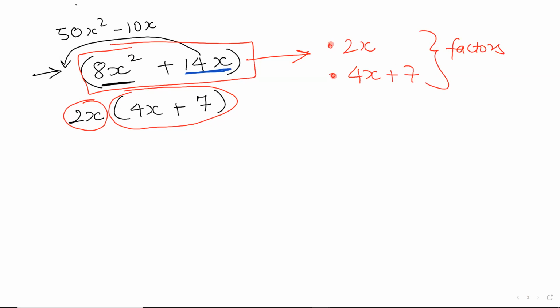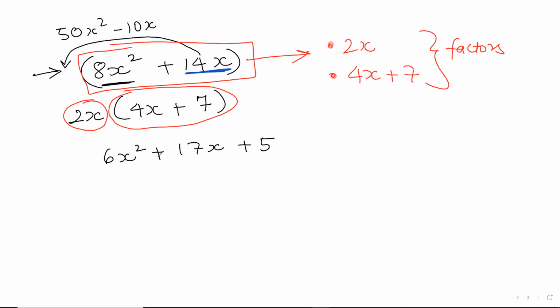So moving on. Now, what do we do if we have a polynomial like 6x squared plus 17x plus 5?